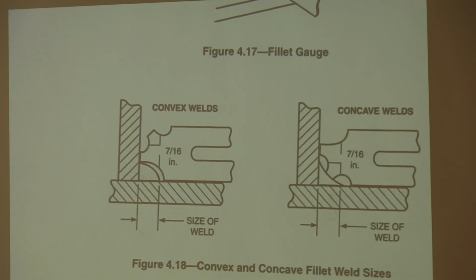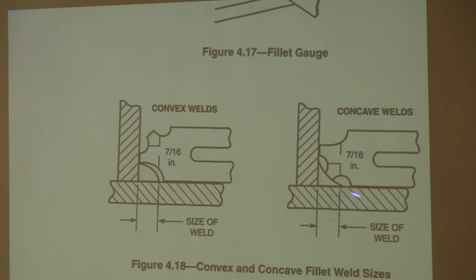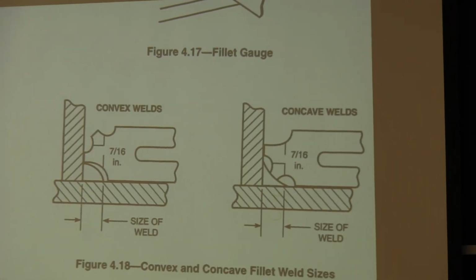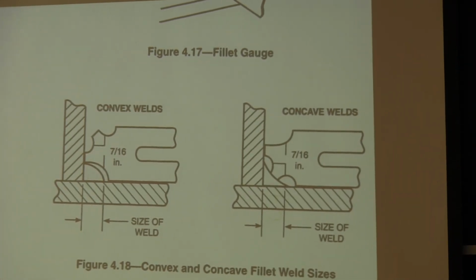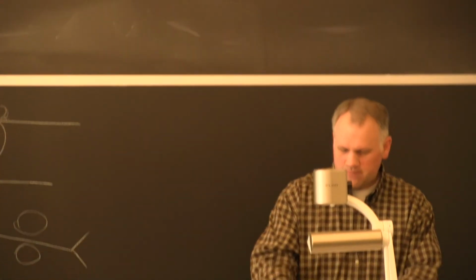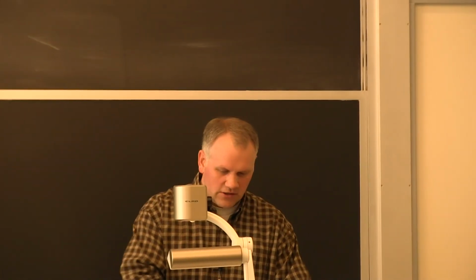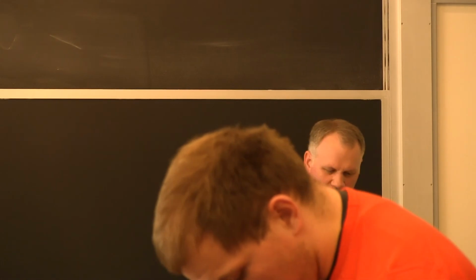So that's what they're doing here. This is a cross section of a fillet weld, and they've got their gauge and they just slide it along. Okay, and we are out of time. Like I said, if you're interested in taking a look at any of those gauges, you're welcome to.